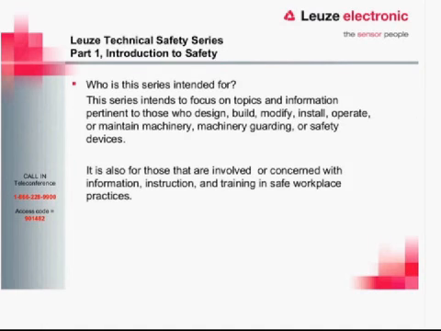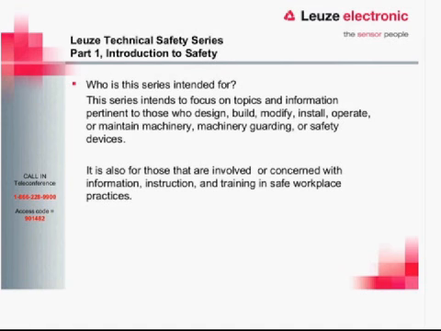This series is intended for anybody who designs, builds, modifies, installs, operates, or maintains any type of machine guarding safety devices, and anybody in sales of these items as well, distributors in particular. It's good to have this information to know when you're quoting out a system what is really necessary to make it a safe system.